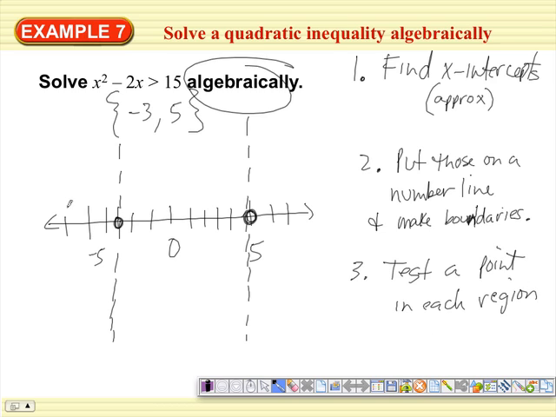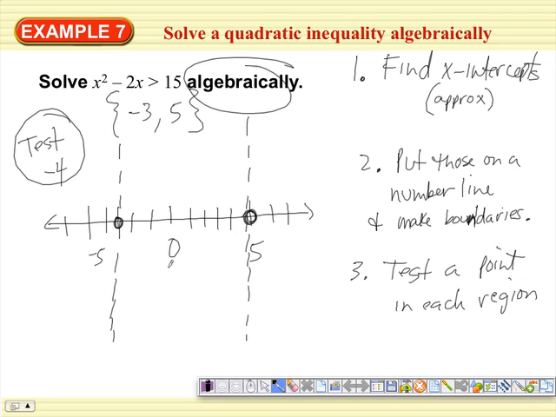So let's go to the left-hand region up here. What point would you want to test? Negative 5. Okay. Negative 5, negative 4. Doesn't matter. Anything in here. What about negative 3? That's right on the boundary. You don't want to test that. That doesn't do anything for you. So test negative 4 or negative 5. What about in the middle?